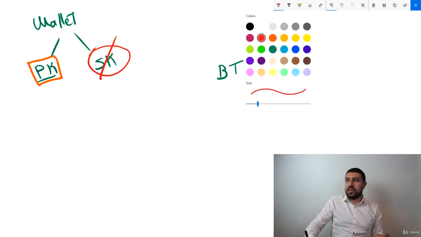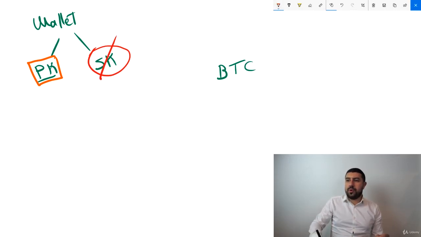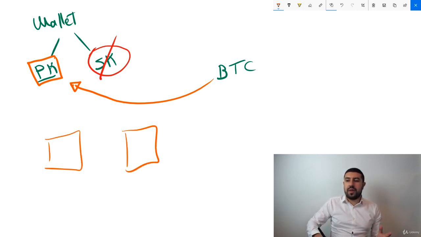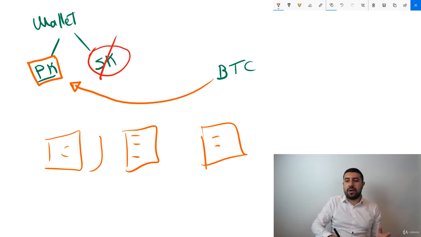You give somebody your public key, and then that person can send Bitcoins to that address. People think that they have these Bitcoins in their wallet, like if it was an actual physical wallet. It's not true. These cryptocurrencies are all on the ledger, on the blockchain, right? You have the blockchain, and we can see your transactions everywhere, right?